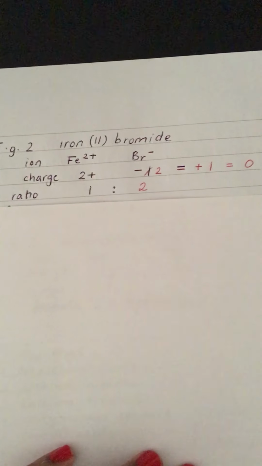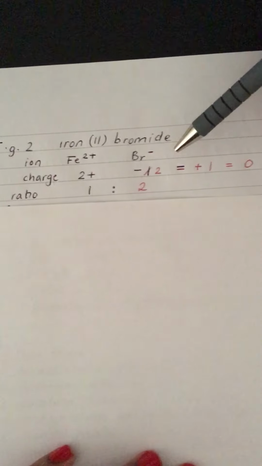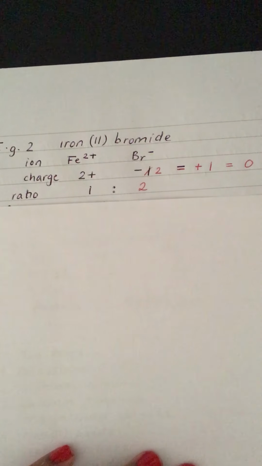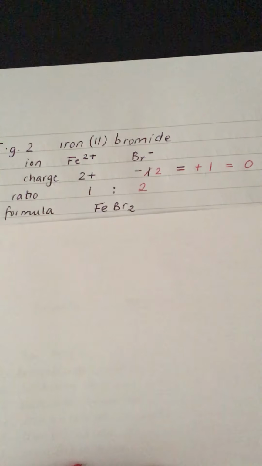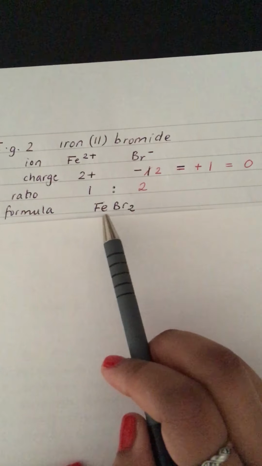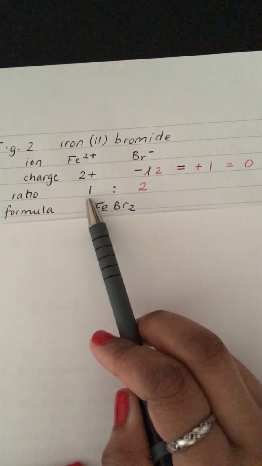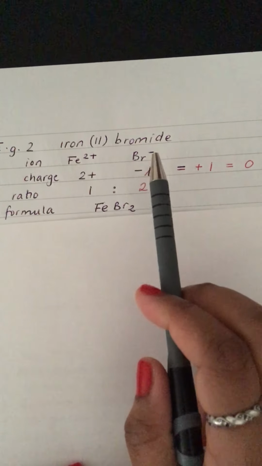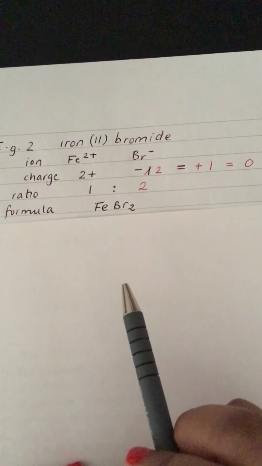So sometimes when you're writing out the formula, you need to check that the charges add up to 0 and you need to make the appropriate adjustment. And as a result, my formula would be FeBr2, because for every 1 iron ion, I need 2 bromide ions.